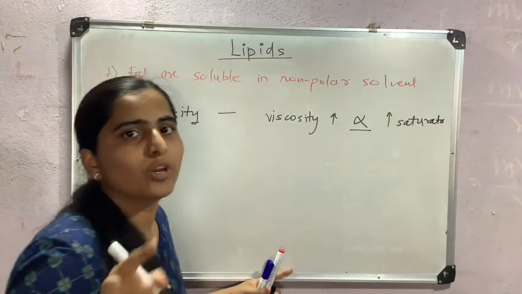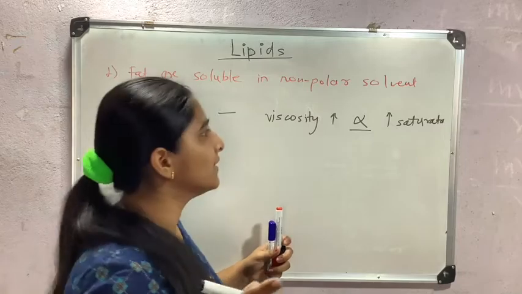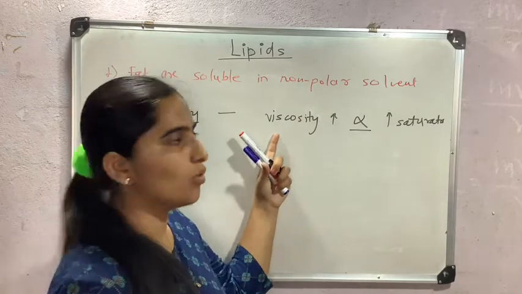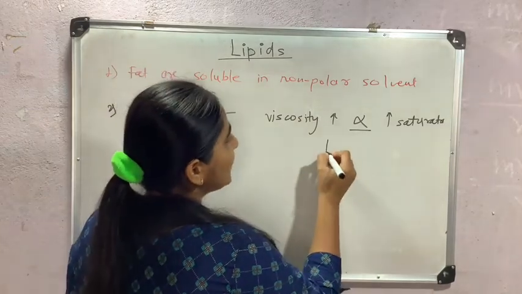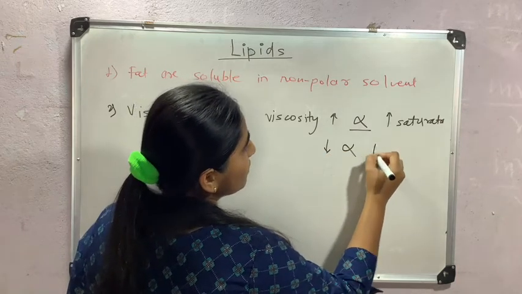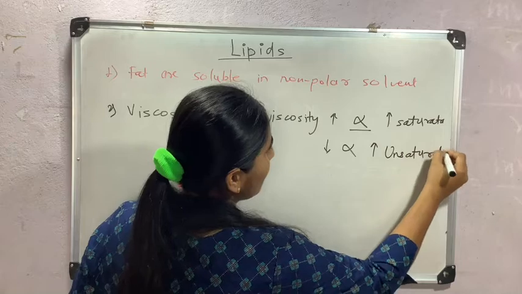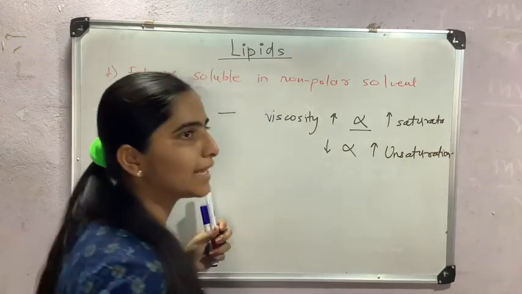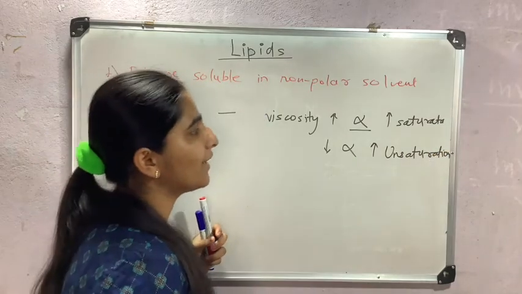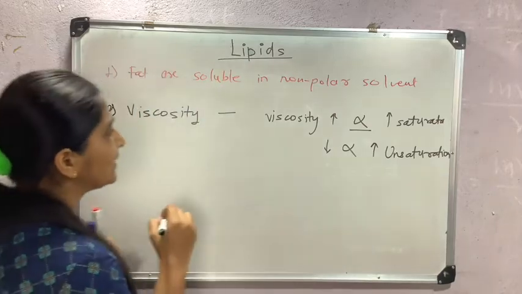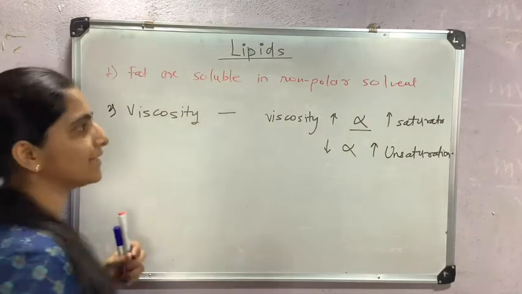If a fat molecule is more saturated, then the viscosity of that fat is more, and viscosity decreases with more unsaturation. Unsaturated molecules are like palmitoleic, arachidonic, oleic acid, linoleic acid, linolenic acid.